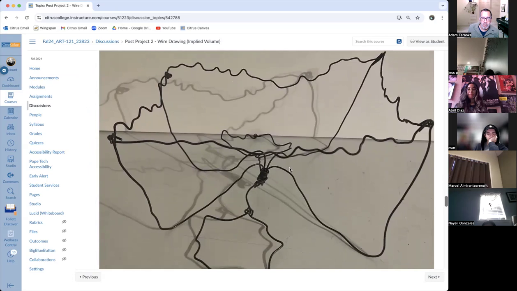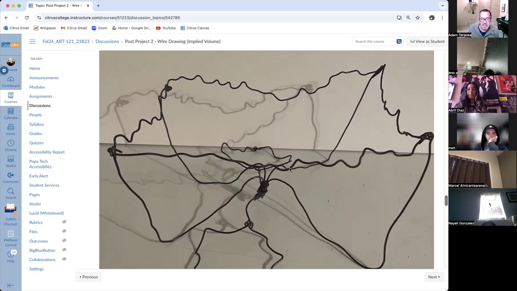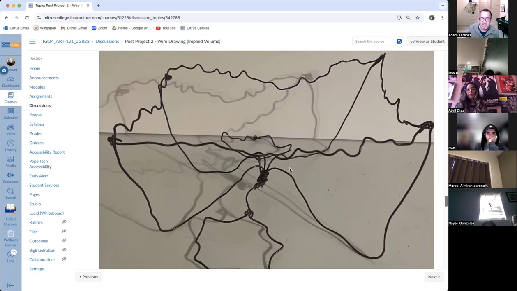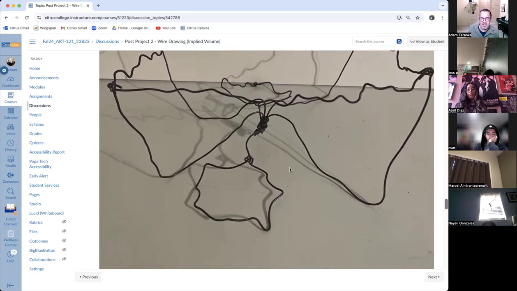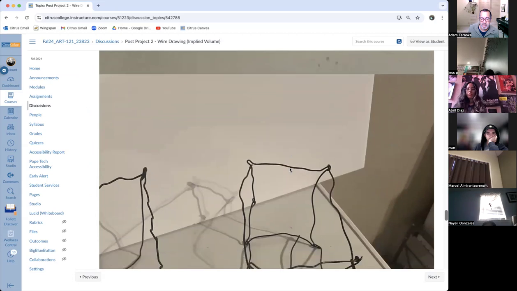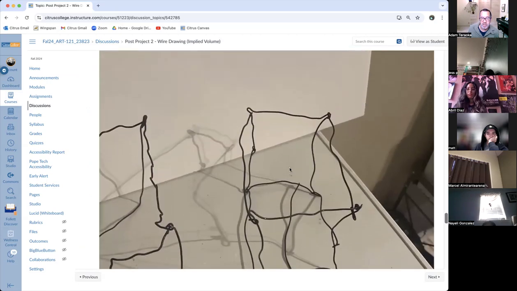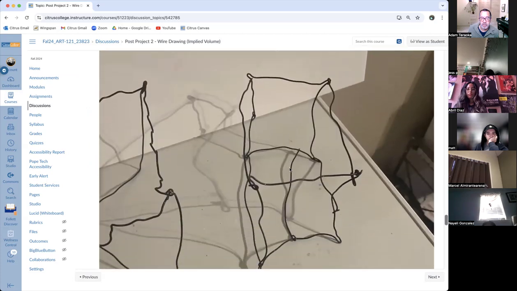A flower pot holder. Okay, so this one, there could be more volume also. I like the idea of a flower pot holder and not having flowers, but is there flowers? There's flowers later. Okay. I'm a little bit confused.